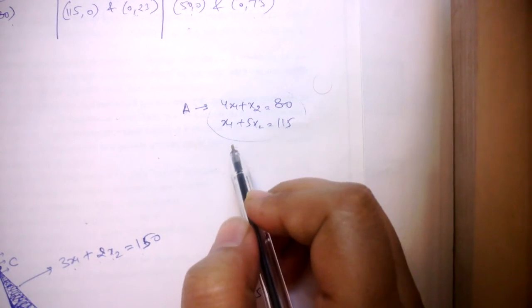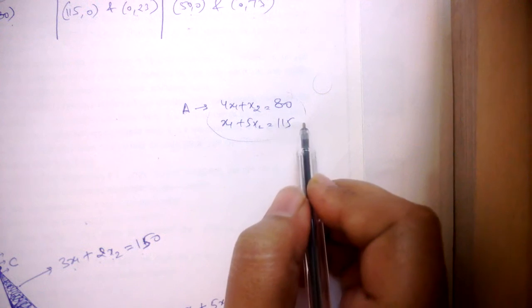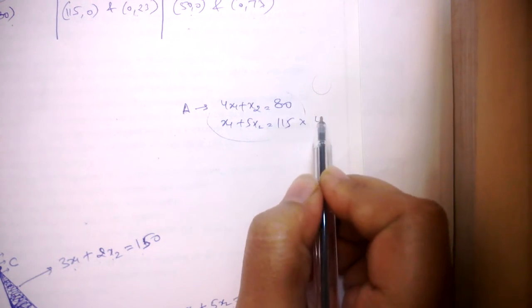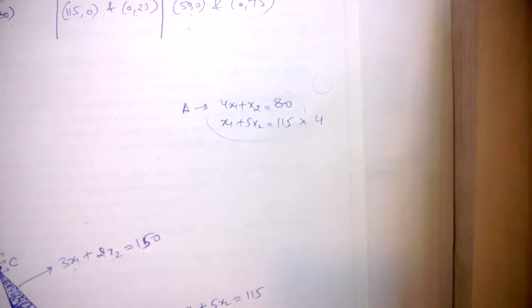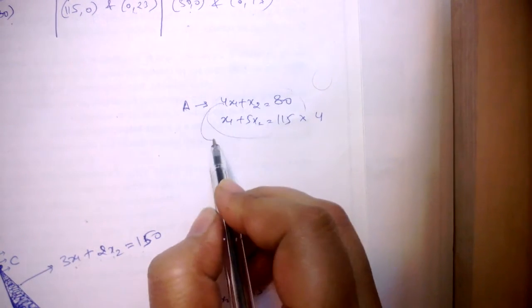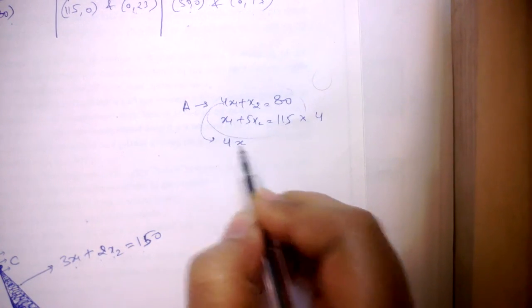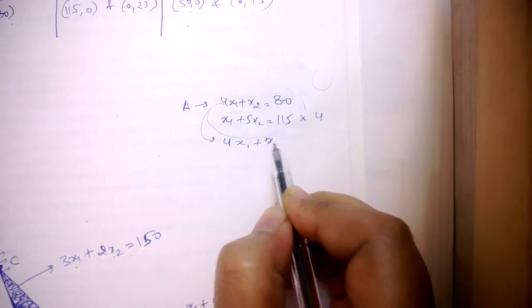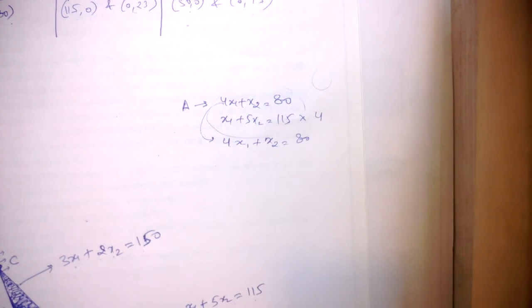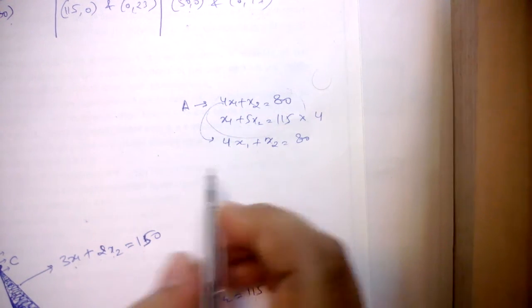Now here, if we use elimination method, I need to multiply the second equation by 4, both sides. So the first equation I'll write as it is, that is 4x1 plus x2 equal to 80, and the second equation we multiply both sides by 4.